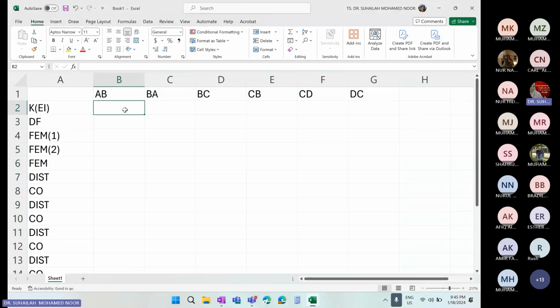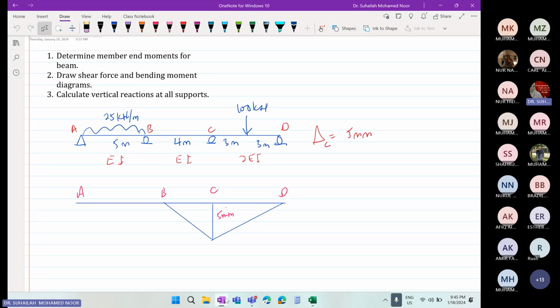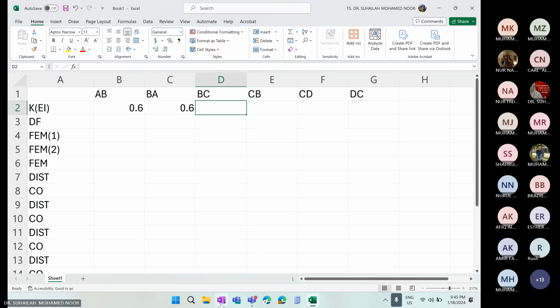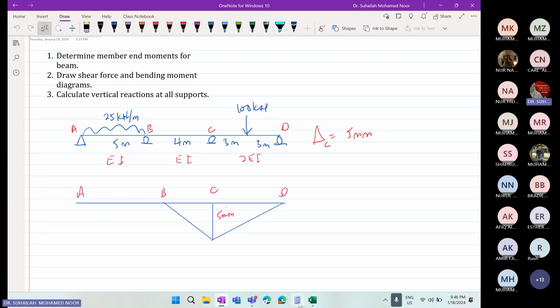Okay, so for AB, we use 3 EI over 5. For BC, we use 4 EI over 4. And for CD, we use 3 times 2 EI over L. So 3 EI over 5 is 0.6. For BC, 4 EI over 4, it is 1.